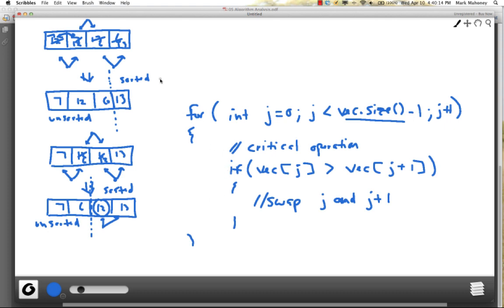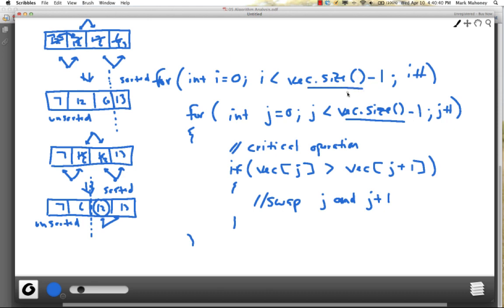In order for us to get this totally sorted, we need to do this about n times. And I say about n times, or vec.size.